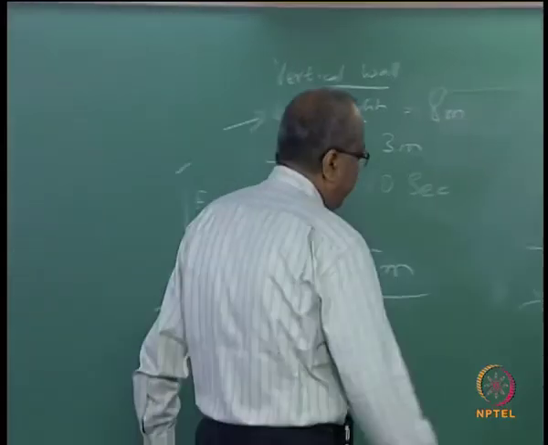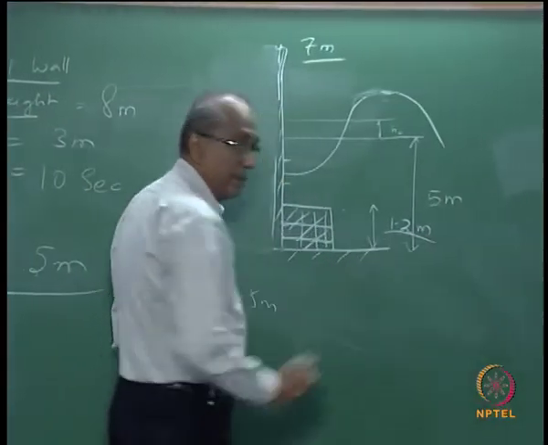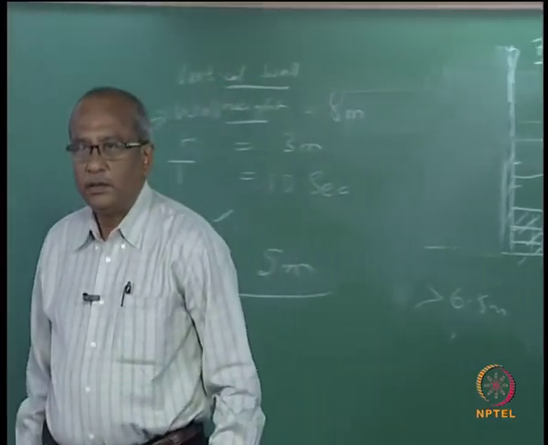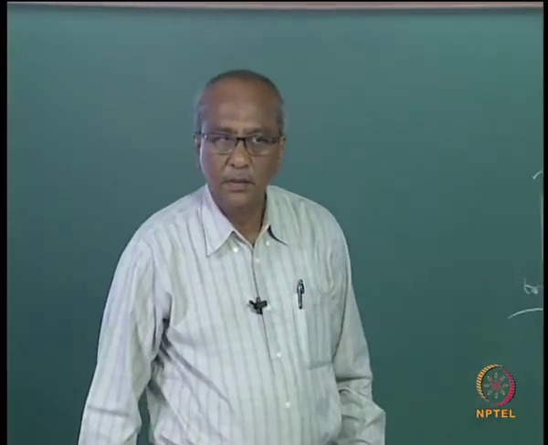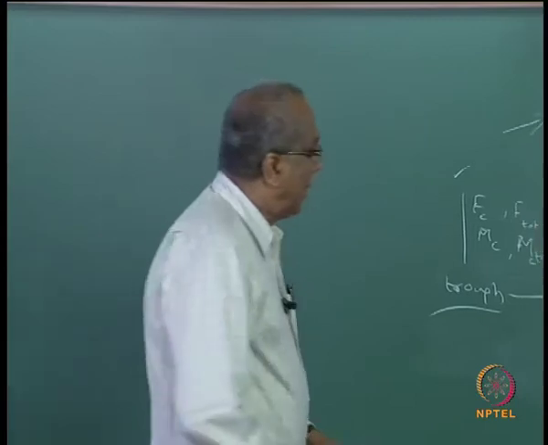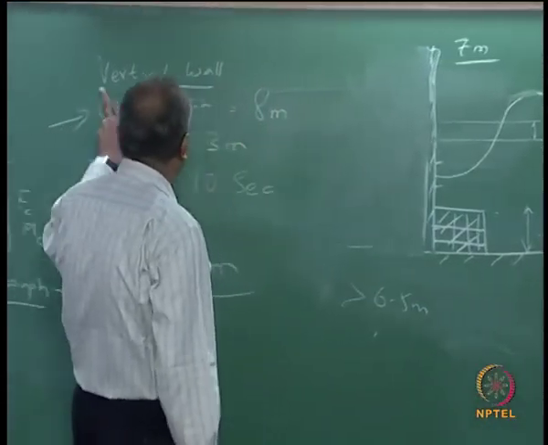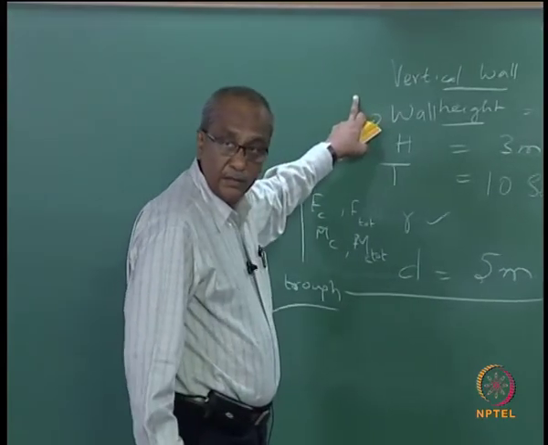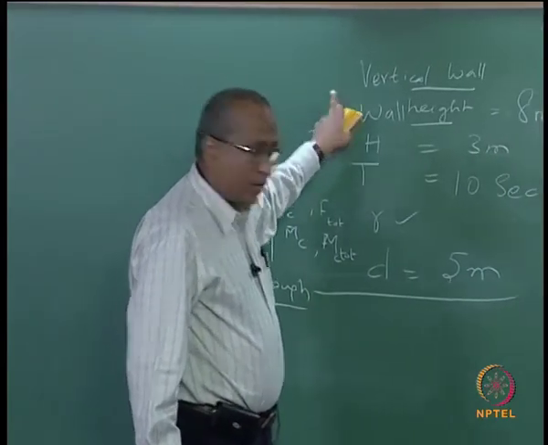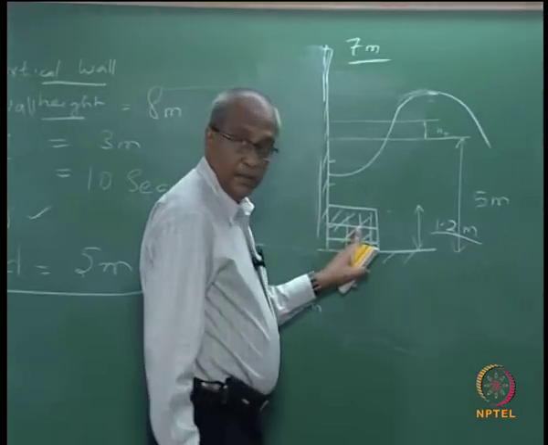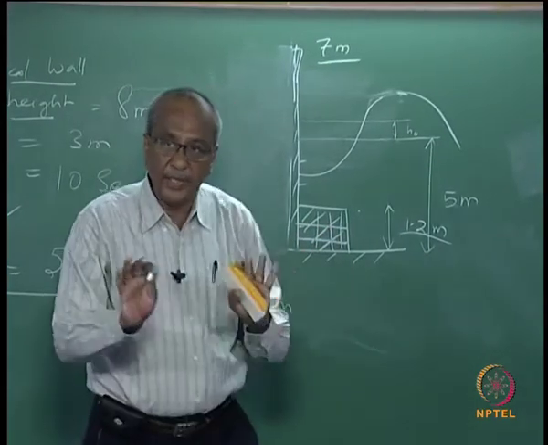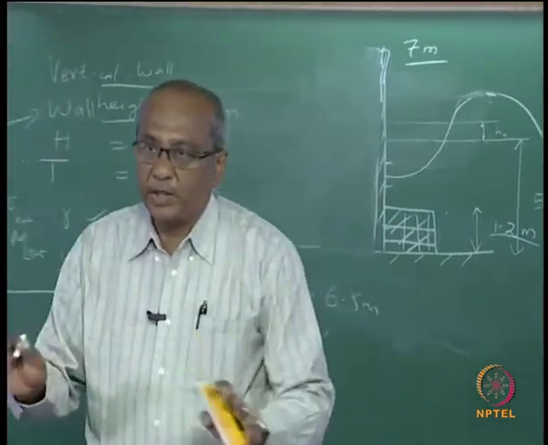So my submerged height is 1.2 meters. Assume that it is non overtopping, again we are dealing only with non overtopping. So, non overtopping with a base, repeat the calculations from whatever you have studied.